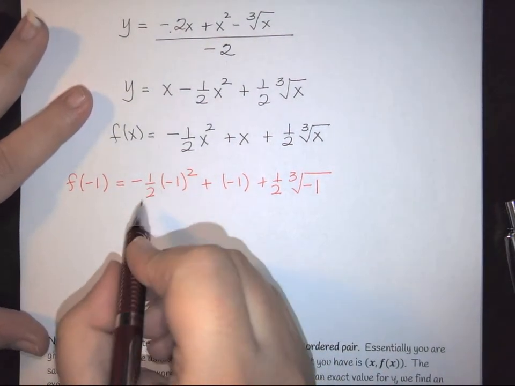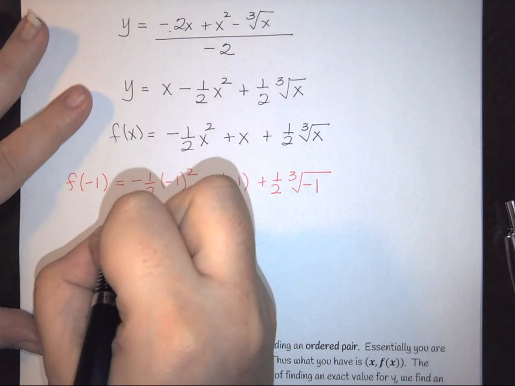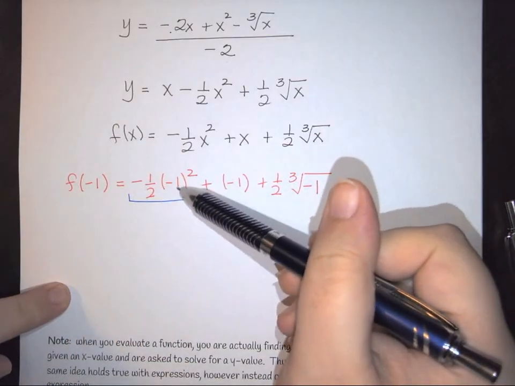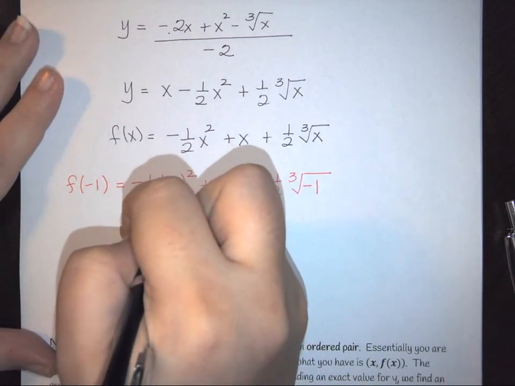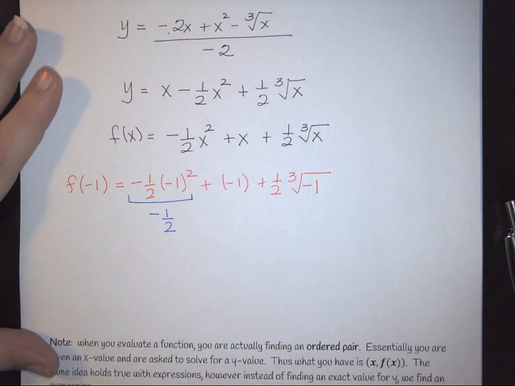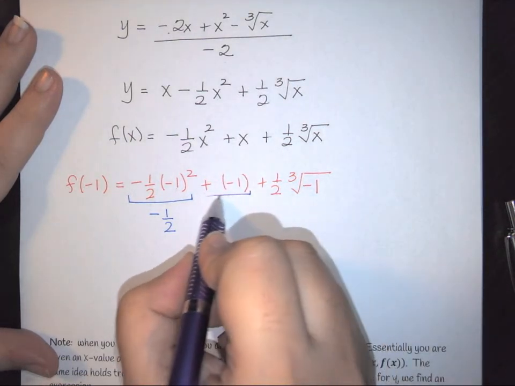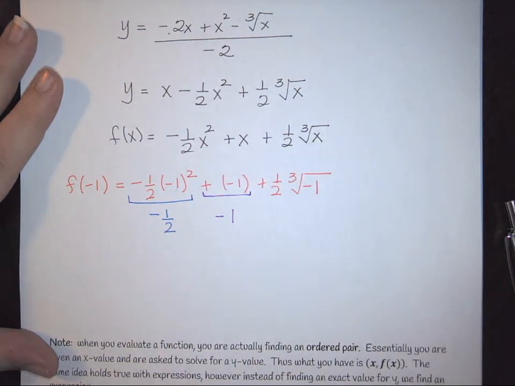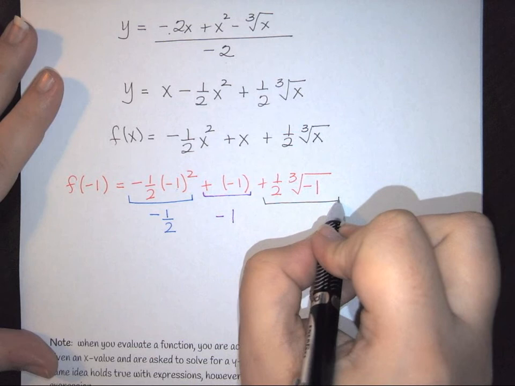So if we look at this first piece, negative 1 squared becomes positive 1 times a negative 1/2 means this is negative 1/2. Obviously, if we look at the second piece, we're going to have negative 1. But then we need to look at this third part.